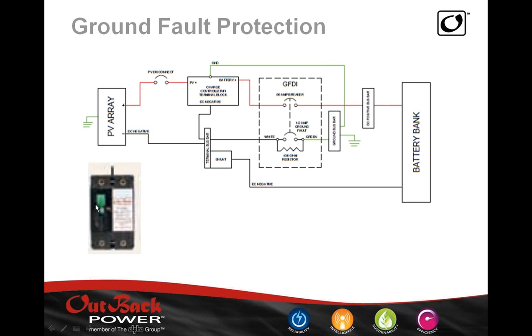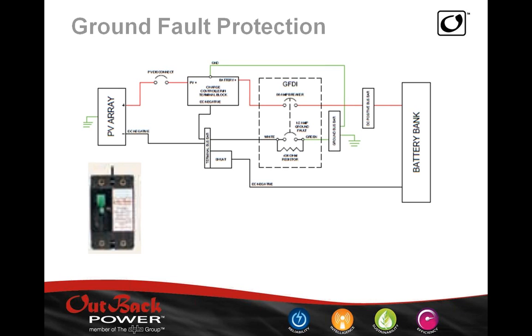We also have a quad that is a 5-pole breaker that has 4 80 amp poles. That's basically there. It can protect up to 4 charge controllers, and we still provide our ground fault protection.